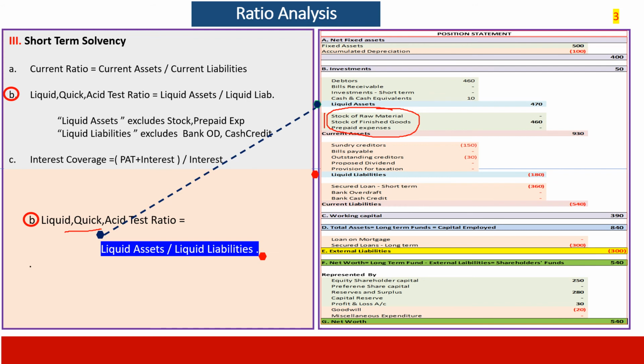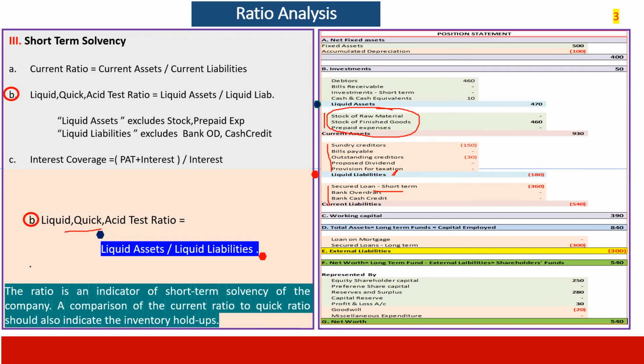Liquid liabilities, all short-term liabilities excluding bank overdraft and short-term loans. If you exclude this, you have got liquid liabilities. Liquid assets divided by liquid liabilities is the liquid ratio, quick asset ratio, or acid test ratio. What does it convey? It talks of short-term solvency.